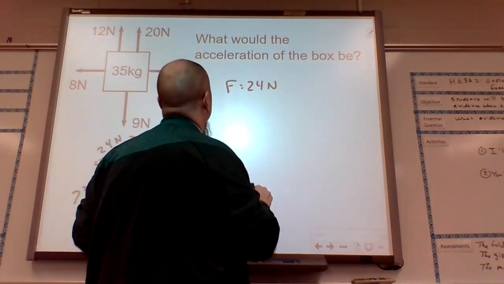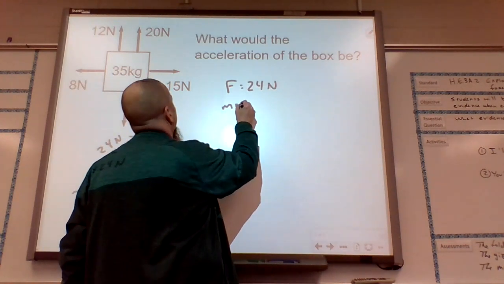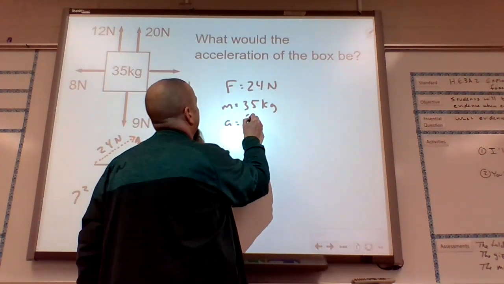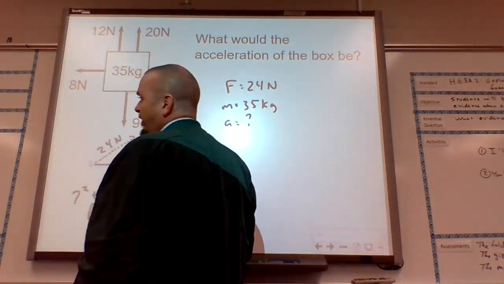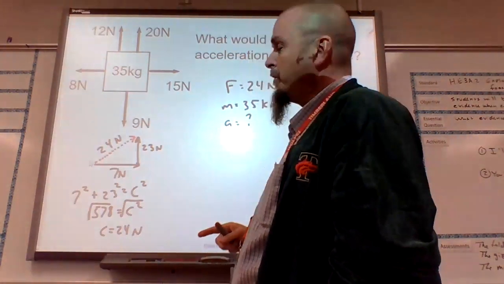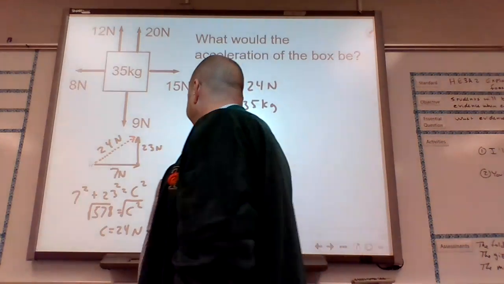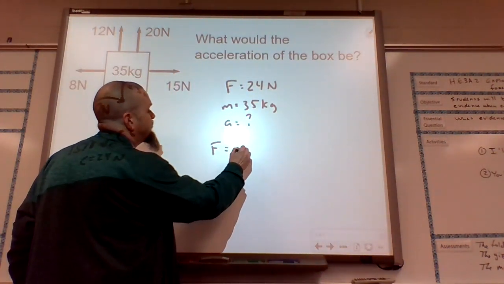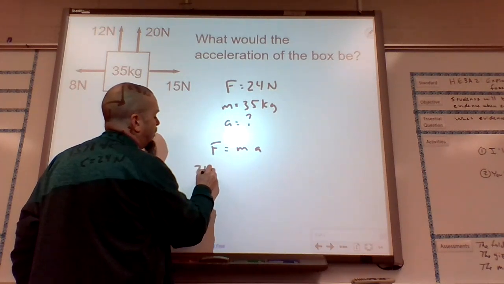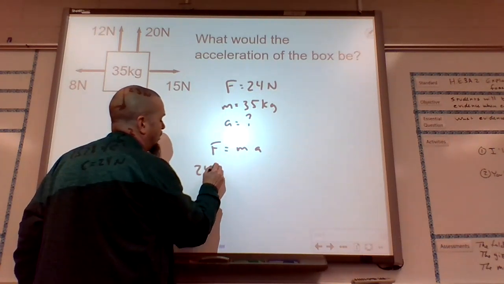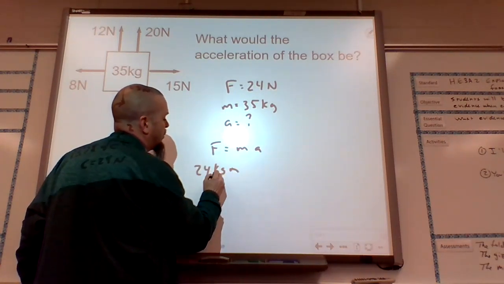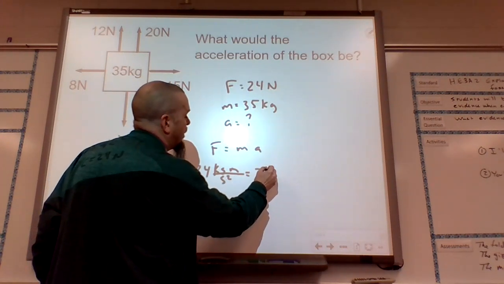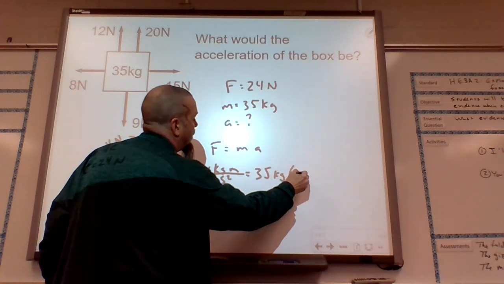The mass of my box is written in the box. We are looking for a, acceleration. And that's really the way this equation is used most of the time. Most of the time you're solving for a. F equals ma, 24 kilograms meters per second squared equals 35 kilograms times a.